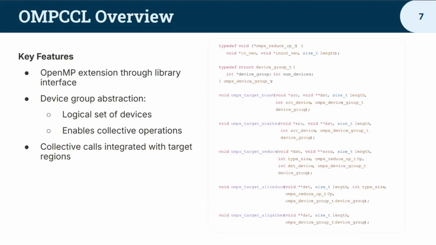It's pretty small right here, but it's the signature of the functions for the broadcast, for the scatter, reduce, and gather, which are the ones that we implemented. We have pointers to the data, to the list of devices, the reduction operation, similar to MPI collectives function call signatures.